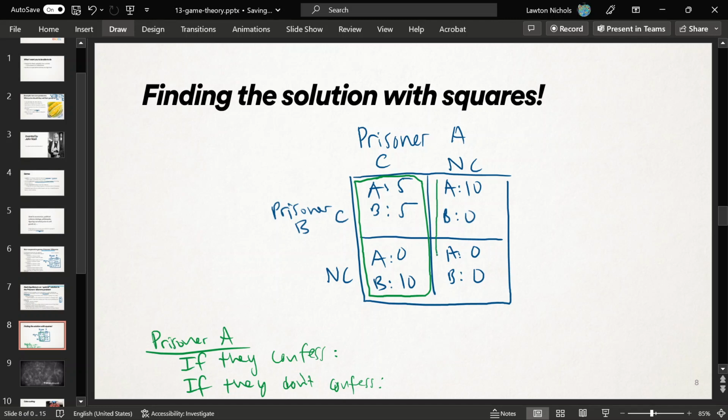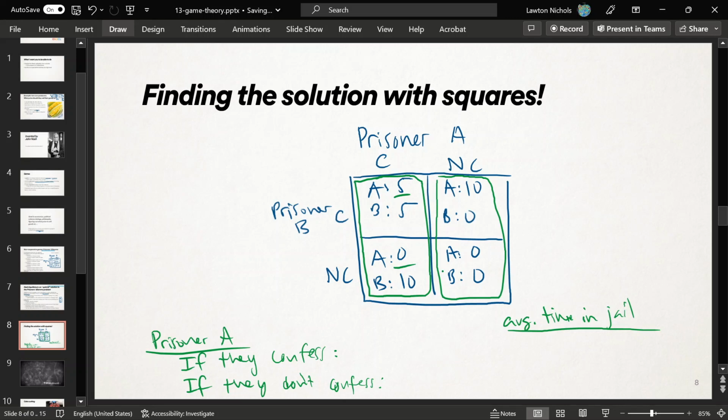And if prisoner A does not confess, again no control over what prisoner B does, here are the two options that he could be in. So if prisoner A confesses, let's calculate the average time in jail, depending on all the options.